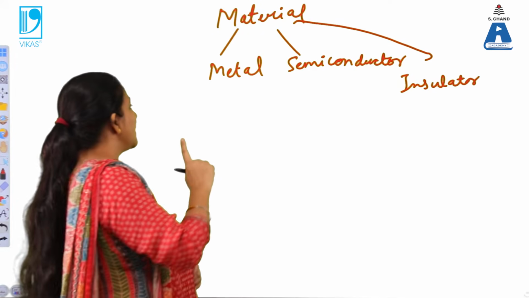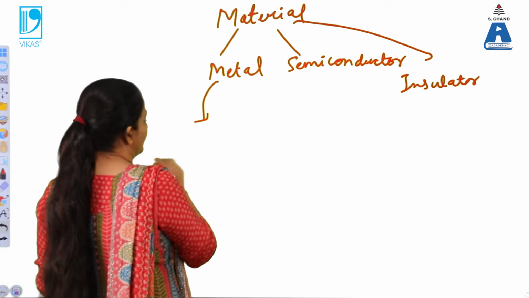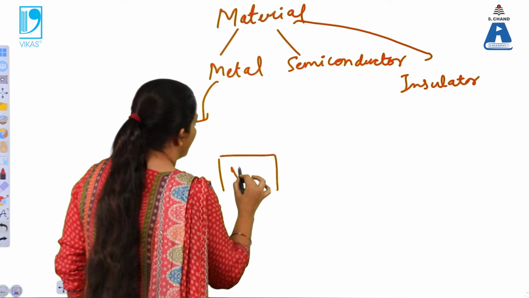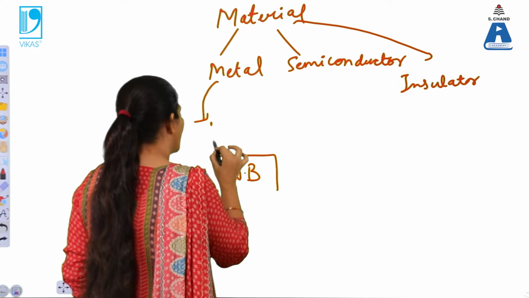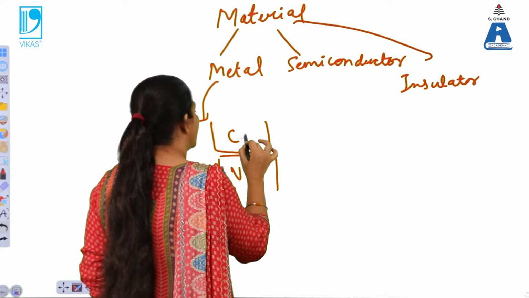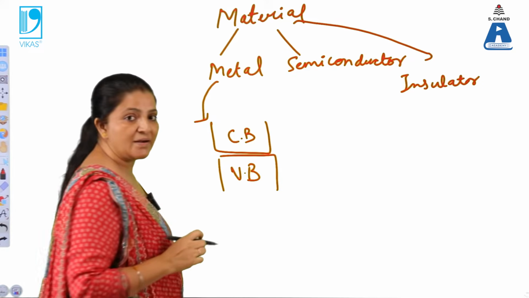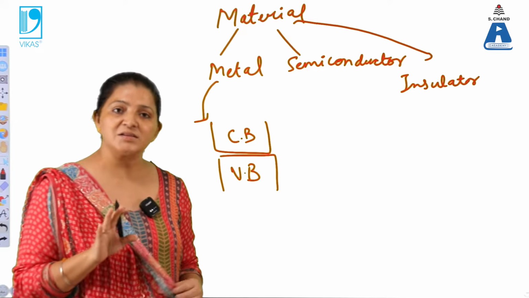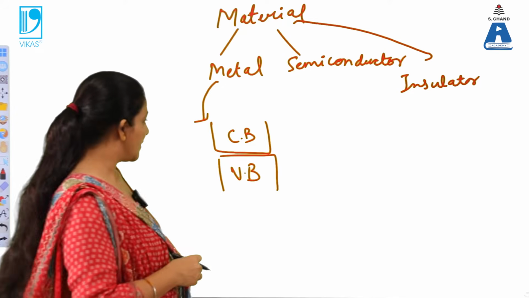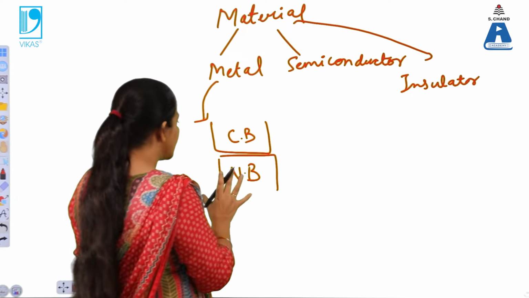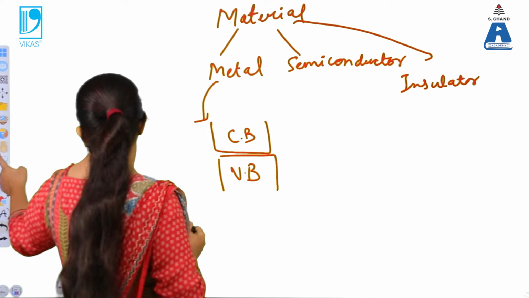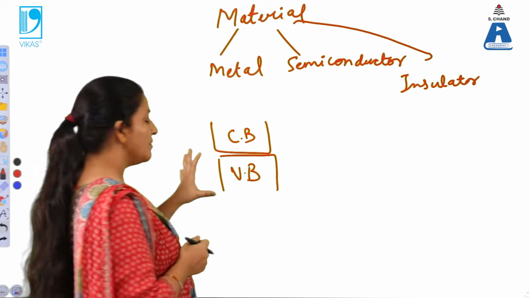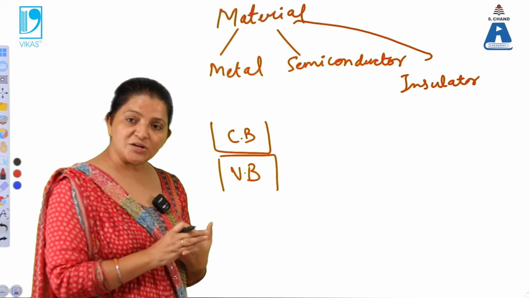Now we know that materials have a valence band and a conduction band. The valence band is the highest occupied level of any material. A material has different kinds of bands: valence band, conduction band.